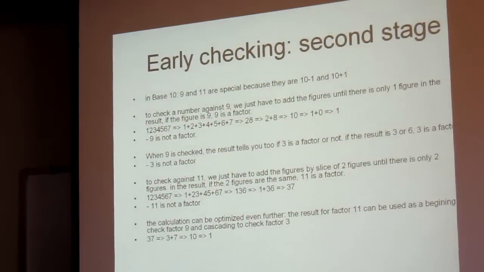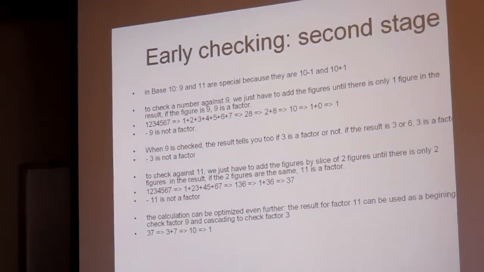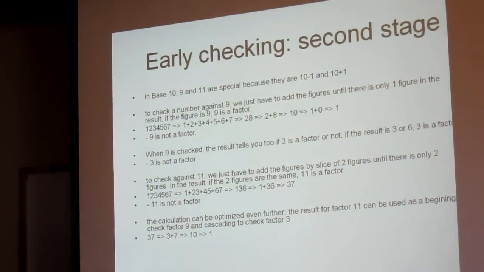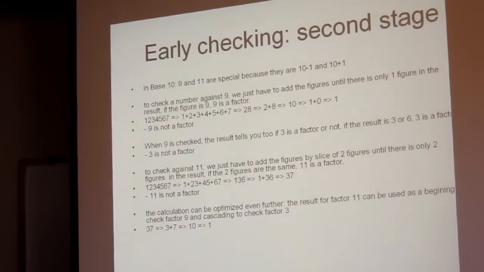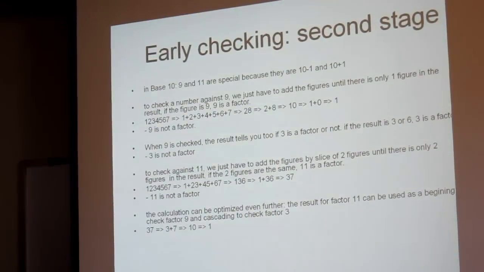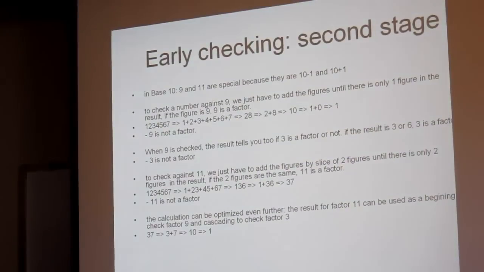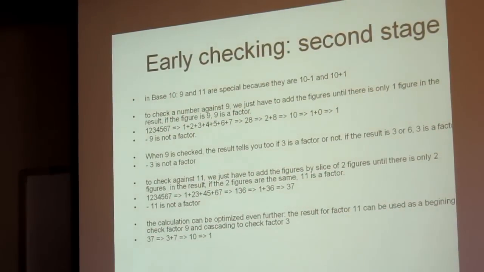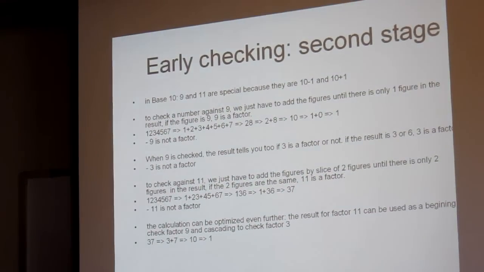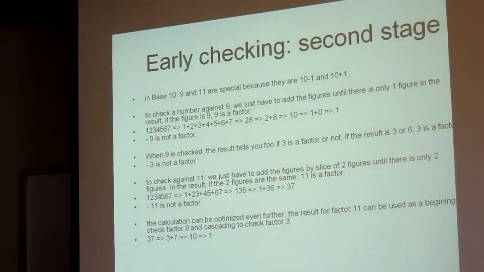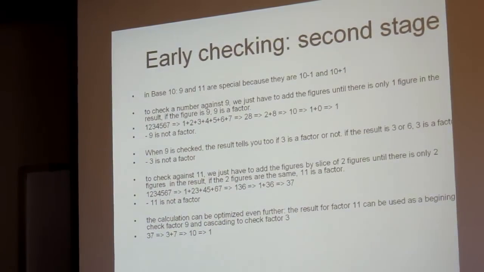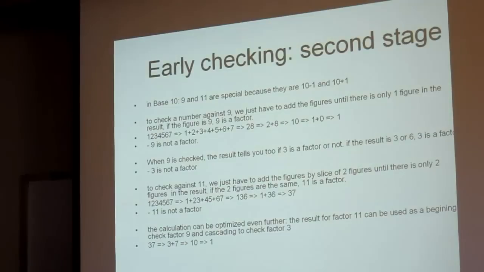For 11, the same principle applies. For my number, it is changed to 1 plus 23 plus 45 plus 67, which gives 136, which gives 1 plus 36, which gives 37.